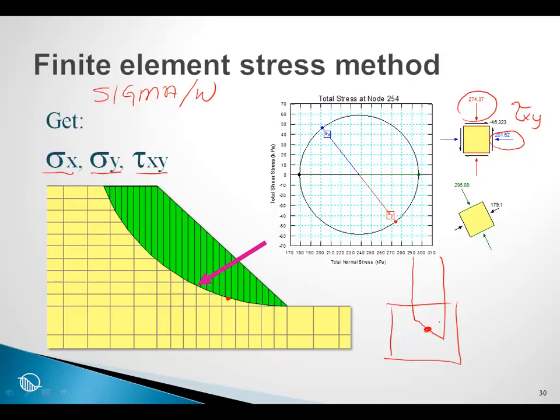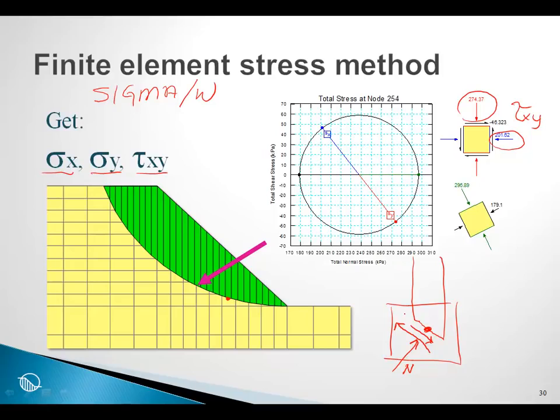From the finite element stresses and using Mohr circle techniques, we can find the mobilized shear at the base of the slice, and we can find the normal at the base of the slice. And once we know the normal, we can determine the shear strength at the base of the slice.